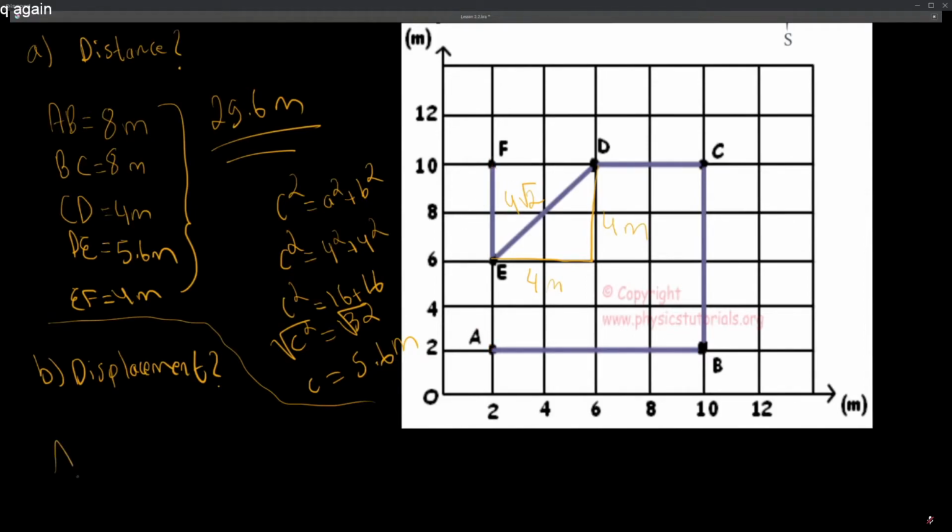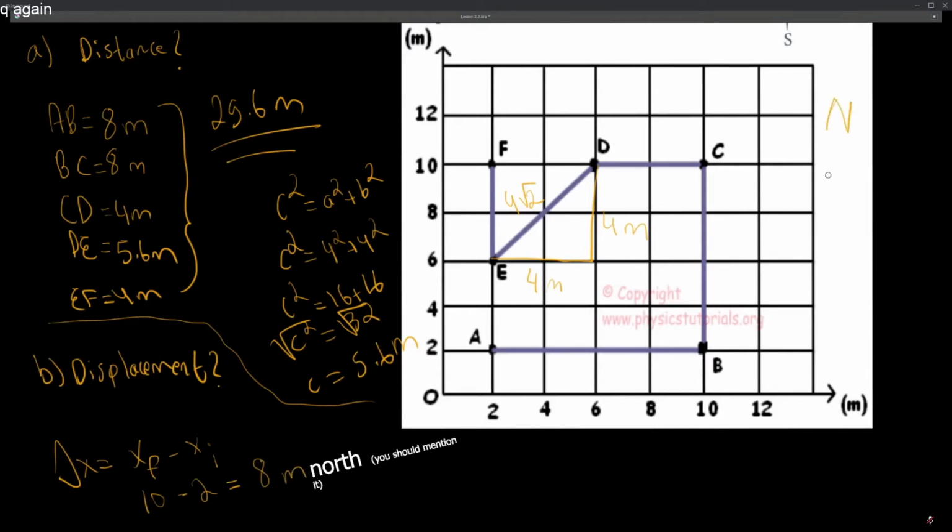We can use a formula if you want. So displacement is equal to x final minus x initial. So x final is 10 minus x initial, which is 2, and we get 8 meters.